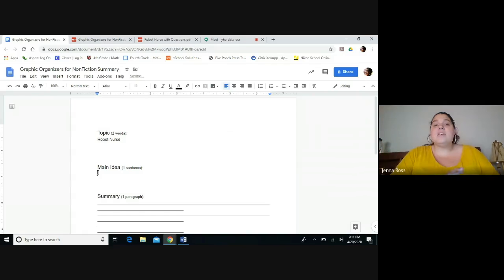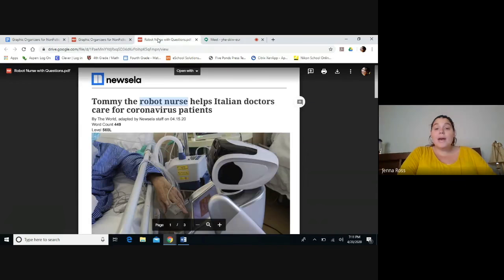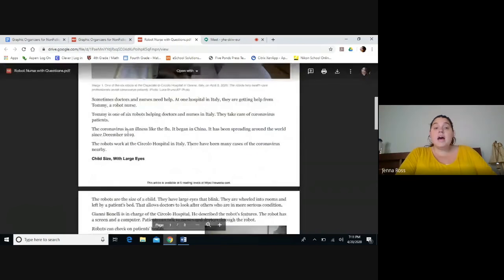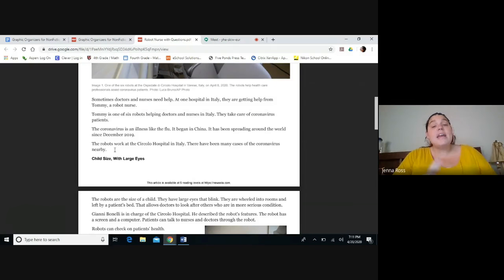This is the statement that sort of encapsulates everything that the passage is talking about. So when we go back here, we don't want to pick out a specific detail. We want to find a sentence or create a sentence that will speak to what the whole passage is about.